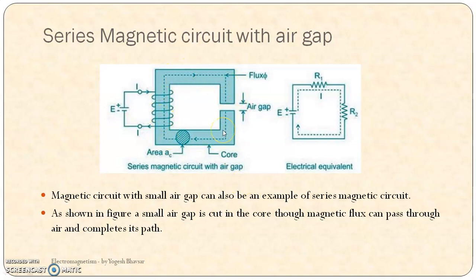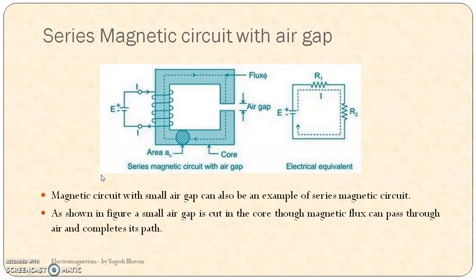So we have to assume this, right? So when we compare it with the electrical circuit, we will have R1 which is the resistance and R2 is another resistance connected in series across the source. And here this air gap is having resistance R2 and this magnetic material having R1, right? So which is the electrical circuit analogy.